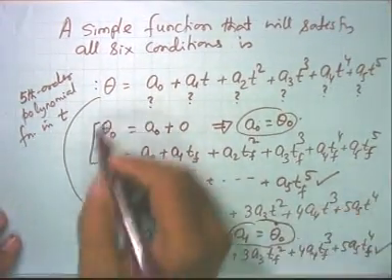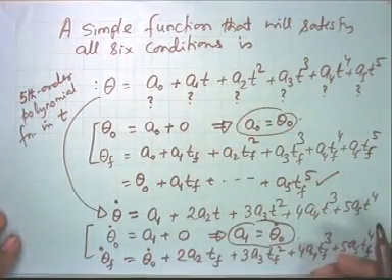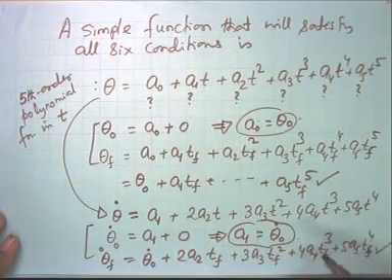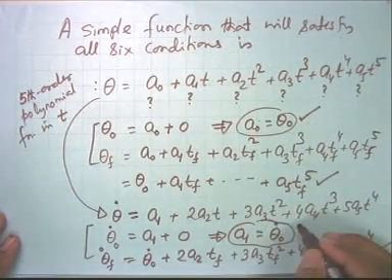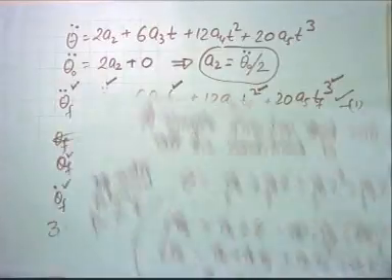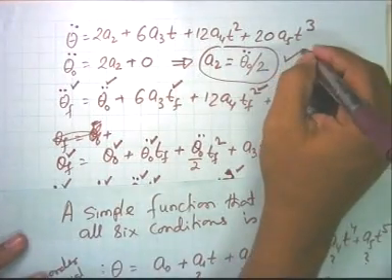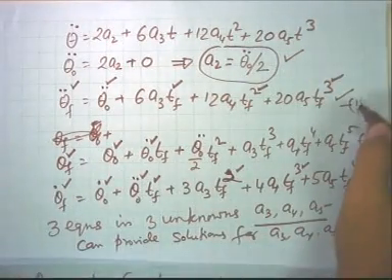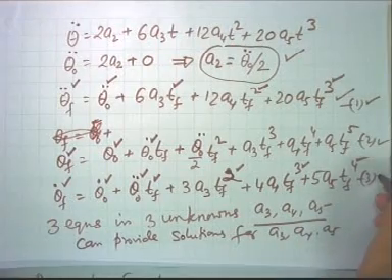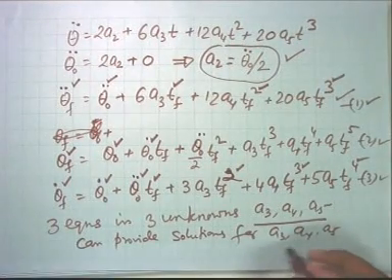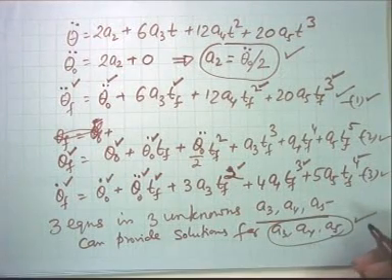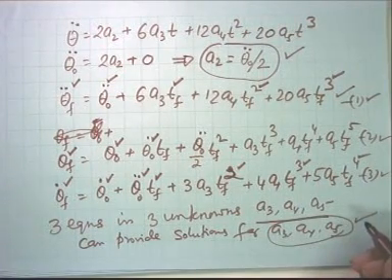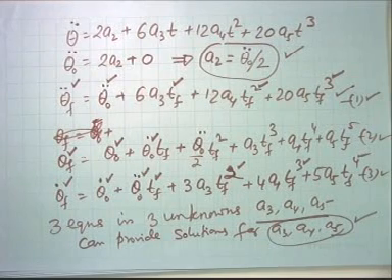So, I repeat, I have solved these from the conditions, and I have these 3 equations from the conditions, which I should be able to solve to calculate A3, A4, A5, which I will show you on the screen.